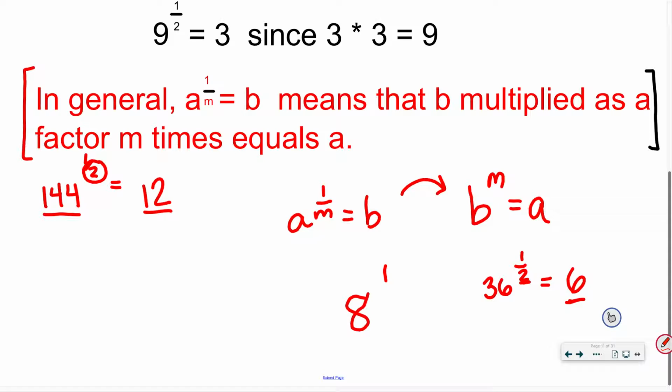How about this one? It's 2, because this number to the 3rd power would equal 8. And you could rewrite that. If I had 8 to the 1/3 equals b, that would be b to the 3rd equals 8. And what number to the 3rd power is 8? That number would be 2.